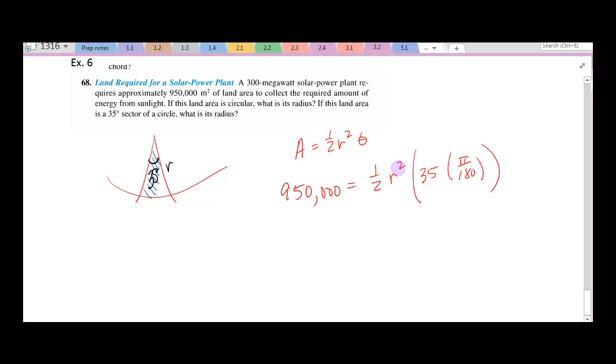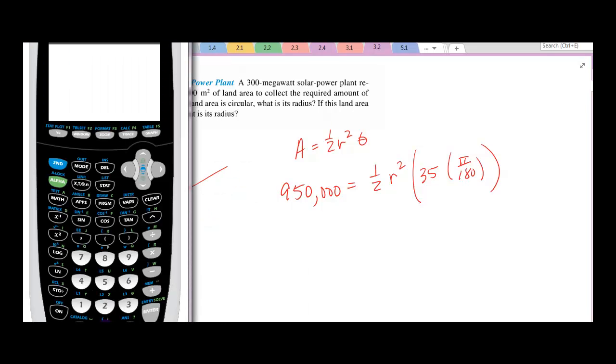Since I want to solve for the radius squared here, I'm going to go ahead and multiply 1/2 times this whole thing in my calculator and see what I get to simplify the right hand side a little bit. So I have 0.5 times 35 times pi divided by 180.